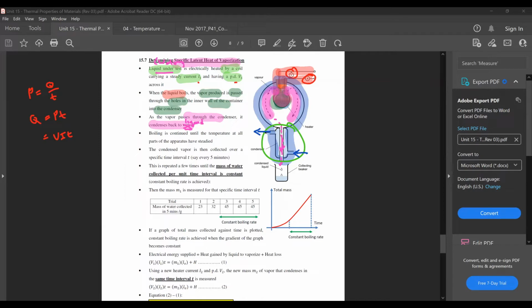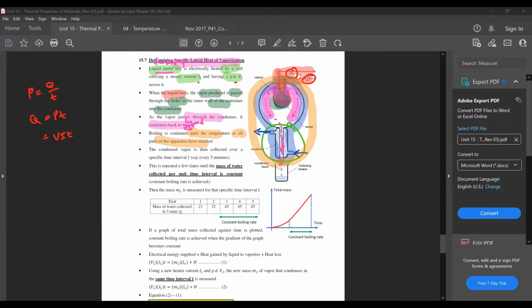All right. So now, what you want to do then is that you continue heating up your liquid until the temperature at all parts of your apparatus have steadied. All right. You only really start collecting data when the temperature throughout your apparatus is constant or steady.